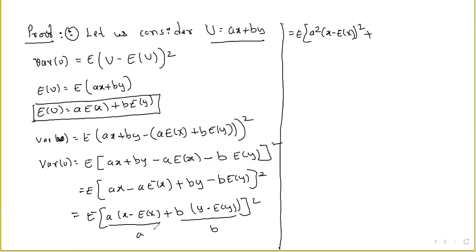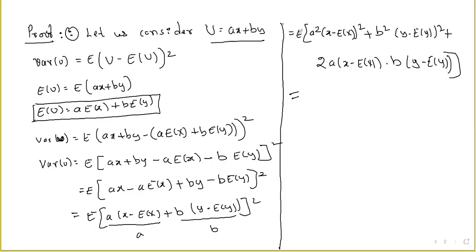So it is the a plus b whole square formula. So apply it: expected value of, first a square, that is a square into x minus expected value of x whole square, plus b square into y minus expected value of y whole square, plus 2 times of ab, that is a into x minus expected value of x into b into y minus expected value of y, right? So this expectation outside is it.